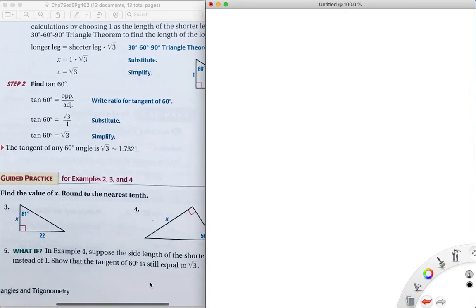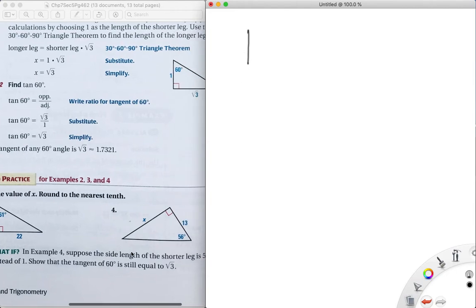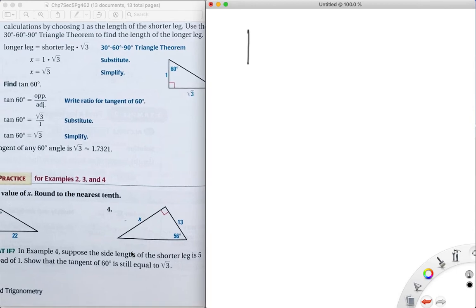All right. So when you have a 30, 60, 90 or 45, 45, 90, you can have scenarios which are always the same. So if I have a 30, 60, 90, suppose the length of the shortest leg is 5.